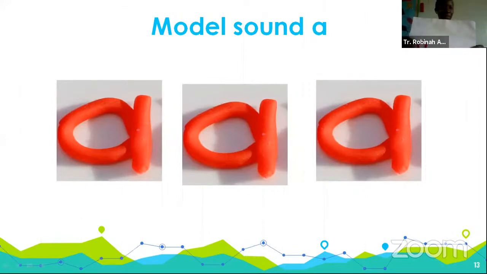Okay, that is the ball I have modeled. Now it is time for us to put the standing line. So you make your standing line and you paste it here to make your sound A.